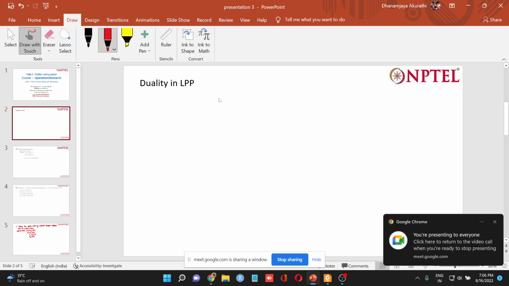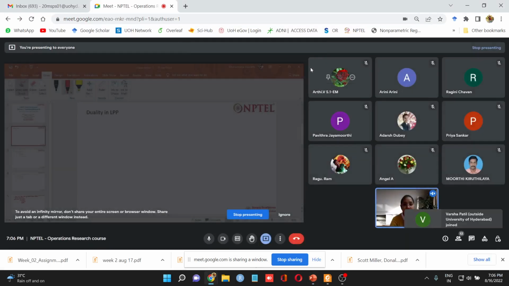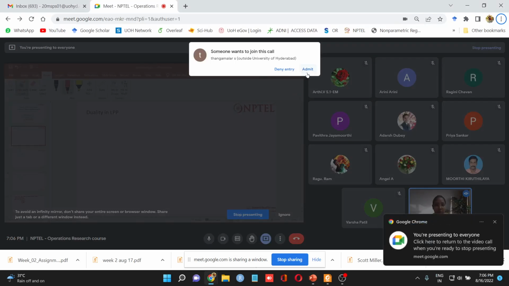we call the dual LPP. So if we obtain an optimal solution in the primal, or if we obtain an optimal solution in the dual, then it is easy to give the information about the other optimal solution.